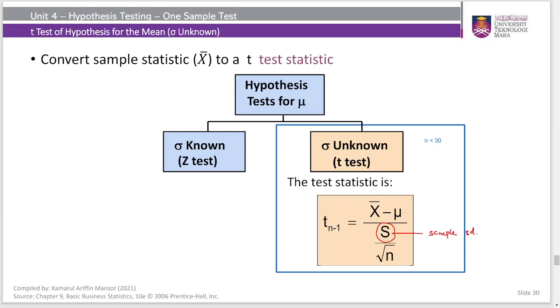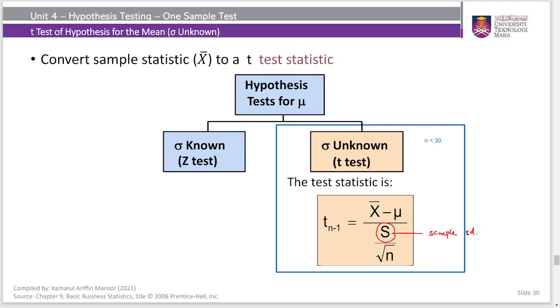Dengan kata lain, kalau ini yang berlaku sekiranya sample size-nya adalah kecil, maka kita boleh gunakan t-test statistic untuk kita test kita punya hypothesis. Okay, this will give you an approximate testing procedure respective to the z-test.